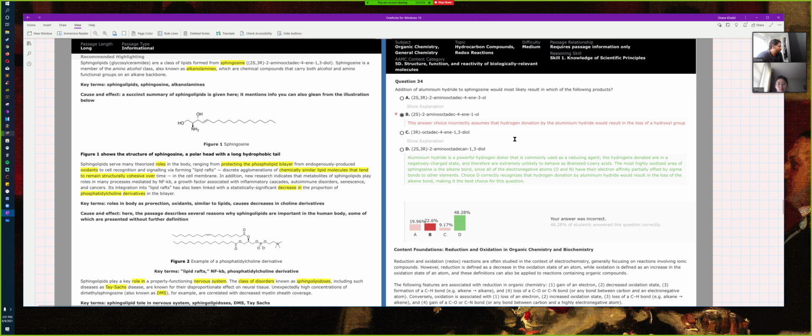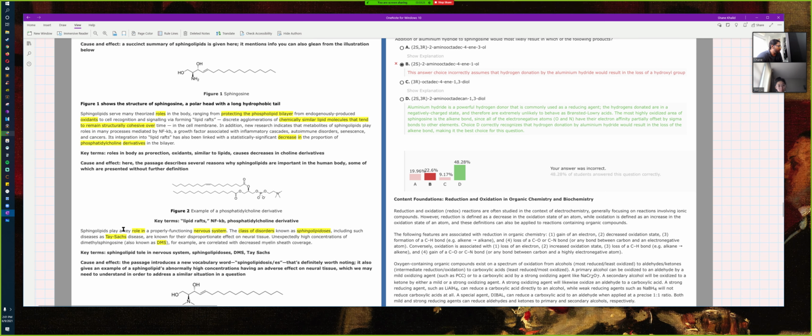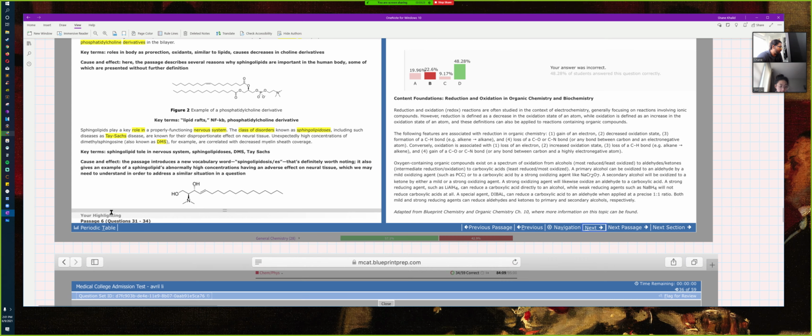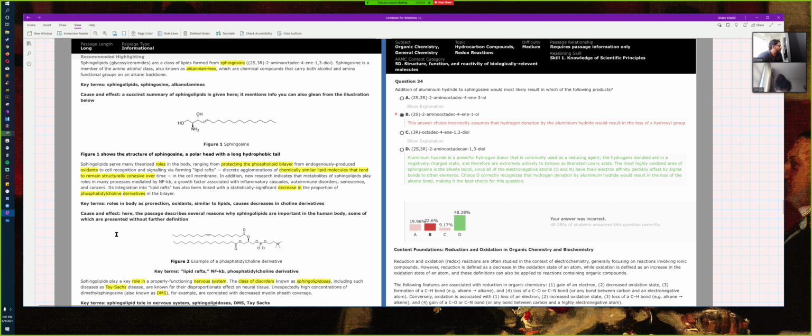A lot of brain disorders in Ashkenazi Jewish populations involve sphingolipid issues. They talk about Tay-Sachs later in that passage. So just think of them as a type of lipid that is basically there. It's going to be in your brain.